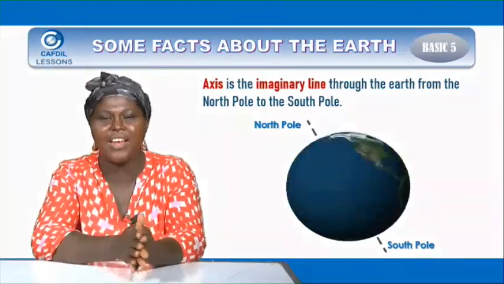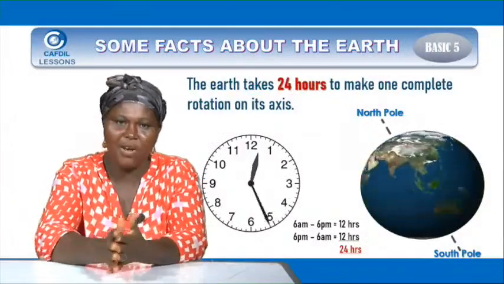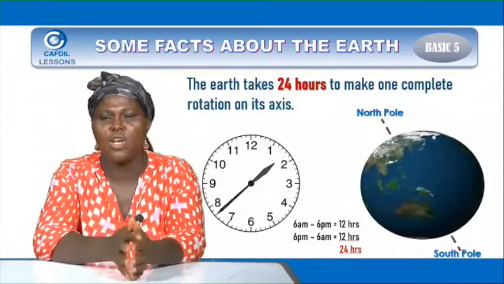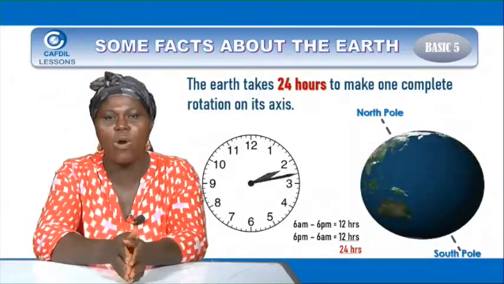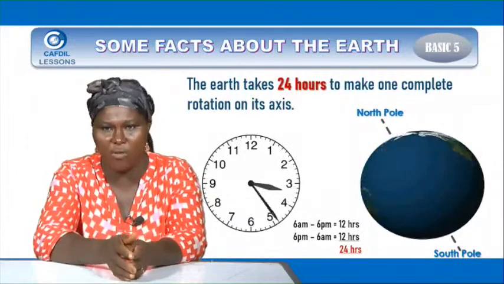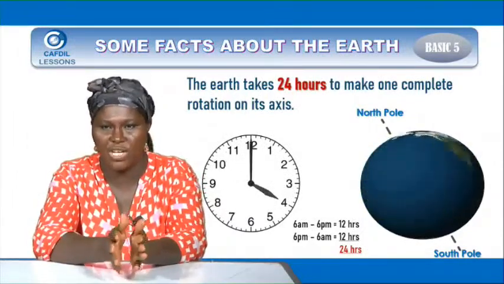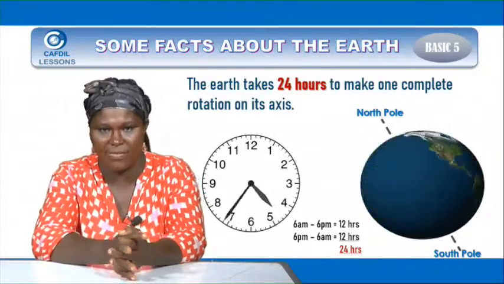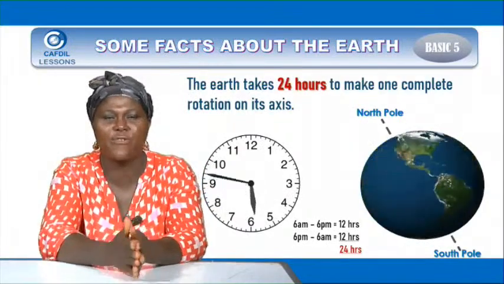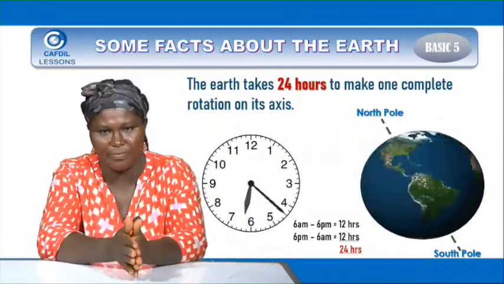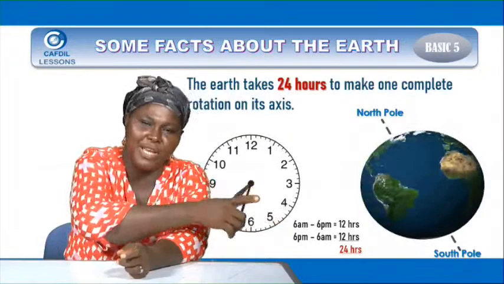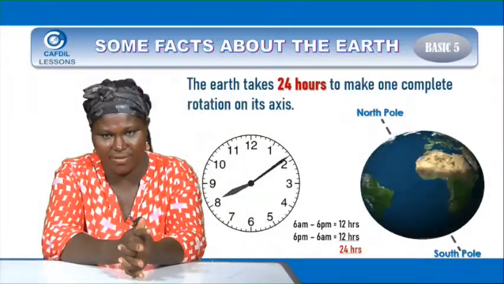Let's look at another one. Another fact about the Earth is that the Earth takes 24 hours to make one complete rotation on its axis. Let's look at our watch. When we say 24 hours, what does it mean? From 6 a.m. to 6 p.m., we have 12 hours.